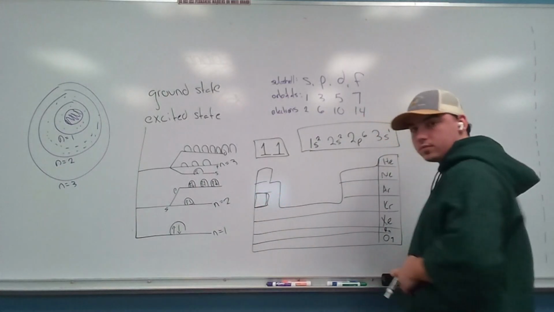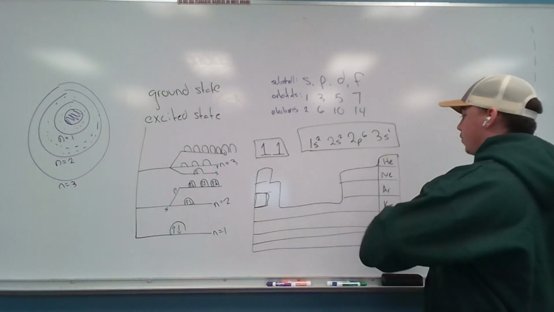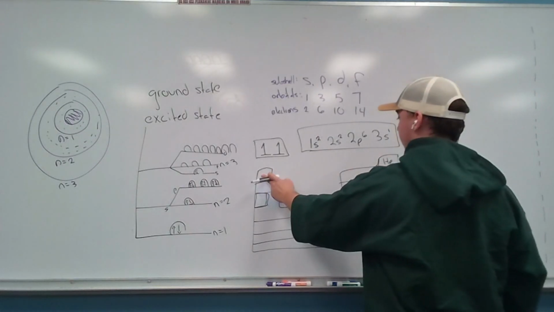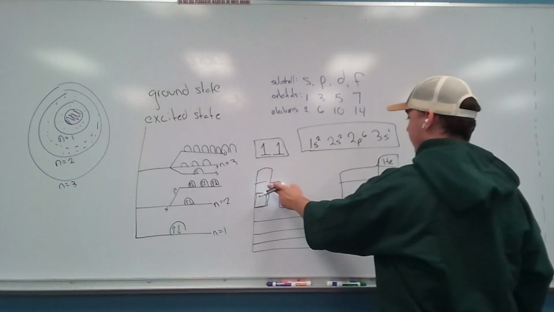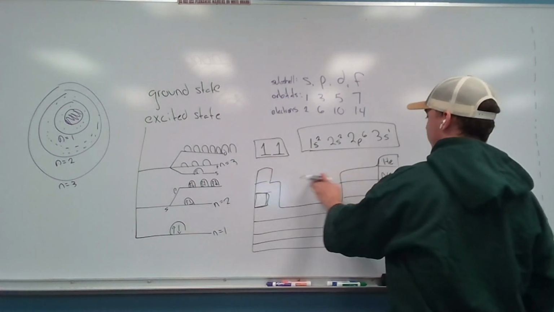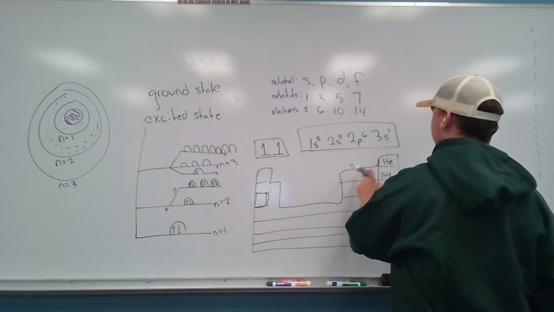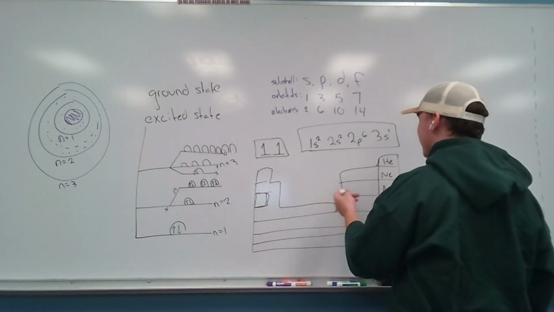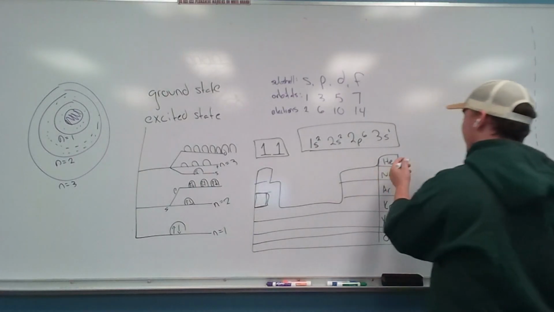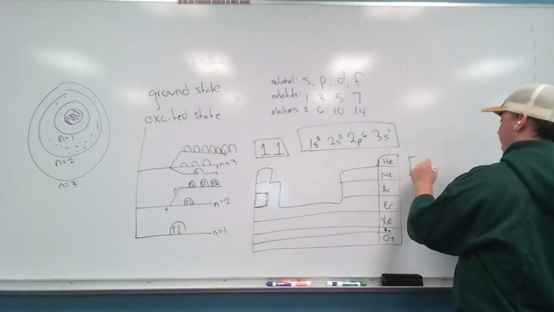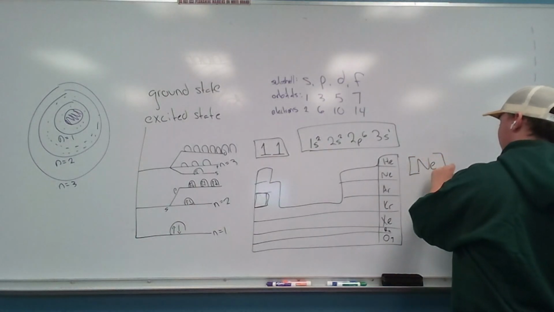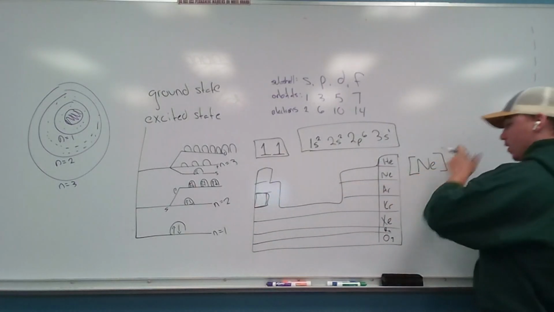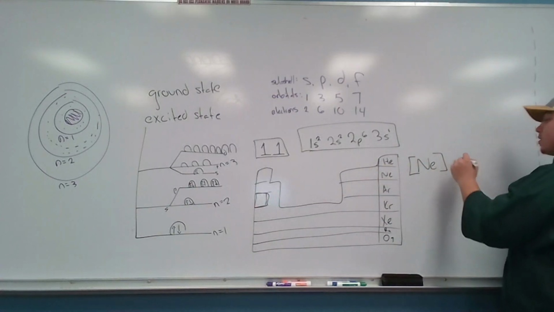So instead of writing everything from here to here, and then counting electrons in total, 3, 4, 5, 6, 7, 8, I think, we can write up to neon by simply putting neon inside brackets and then just whatever is on the row.